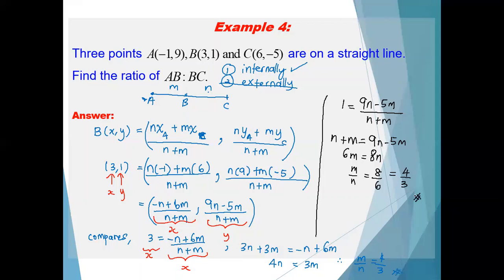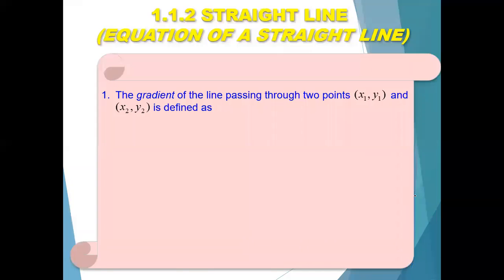So we got the same answer. So what is the ratio of AB to BC? It is 4 over 3. Alright, that is example 4. We are done.